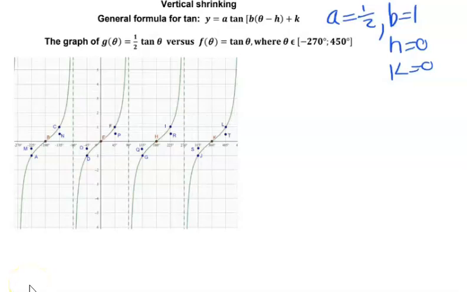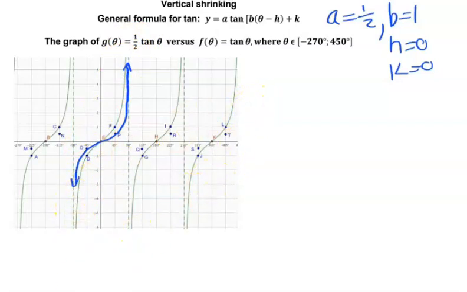So if I look, for instance, in the first quadrant, I will have this graph, and because of the small space we have, it looks as if the graph of half tan theta will intercept somewhere here or somewhere down there, but we must investigate whether that is the case or not.